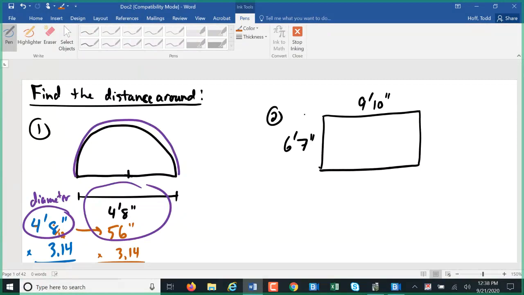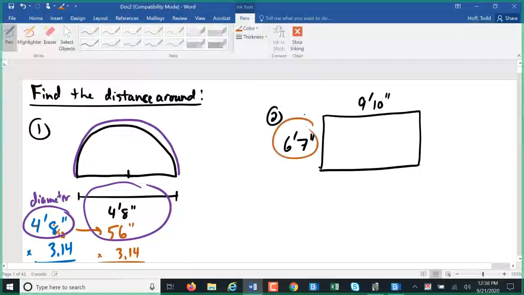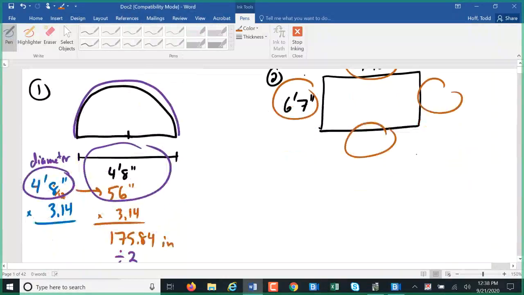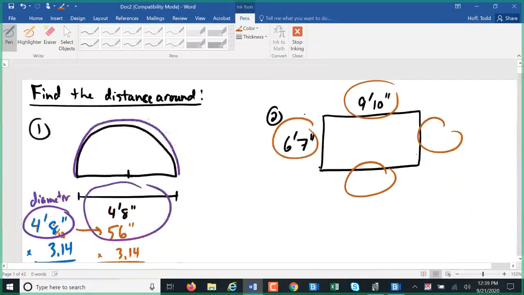Number 2 here, we can approach this in a couple of different ways. The perimeter is going to be width plus length plus width plus length. But rather than adding them all separately, I'm just going to add the 2 of them. Oops, did somebody have a question? I'm going to add the 2 of them, my 9 foot 10 inches.